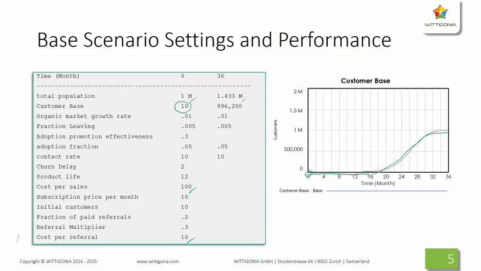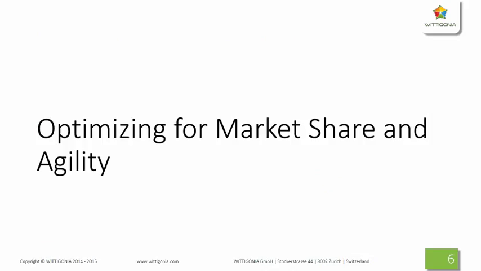And we assume that the 0.3 here means that there's a 30% uplift. So when we execute our referral campaign, it will increase the adoption fraction by 30%. So these are important assumptions which are leading to this behavior of the system.